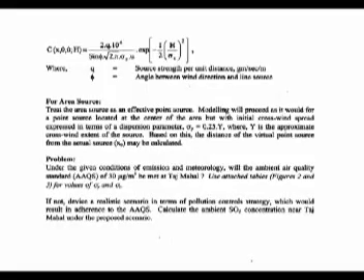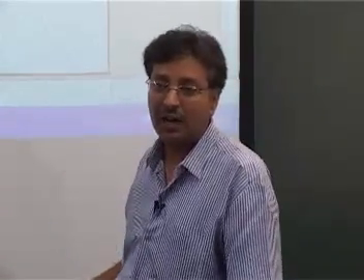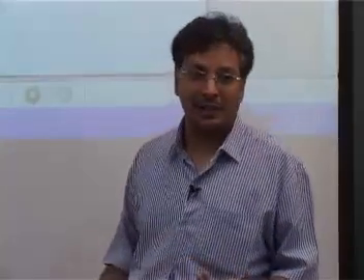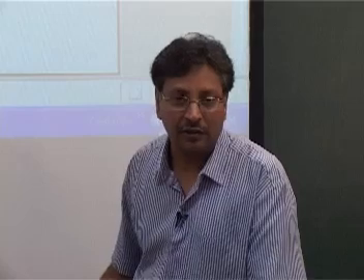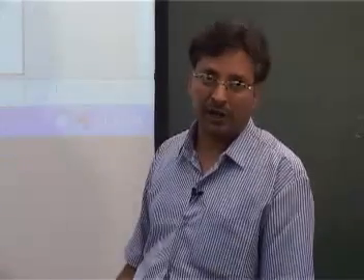If you are not meeting the standard, devise a realistic scenario in terms of pollution control strategy which would result in adherence to the air quality standard. The idea is to make Taj Mahal safe. Calculate the ambient SO2 concentration near Taj Mahal under the proposed scenario. You want to change the things, and after having changed the things, what would the picture look like?